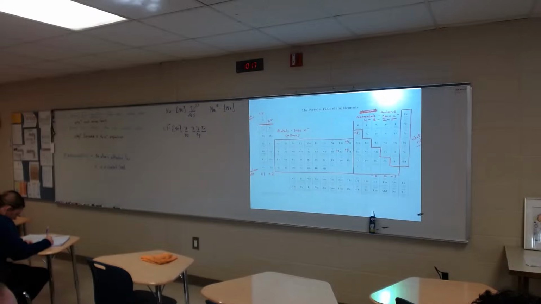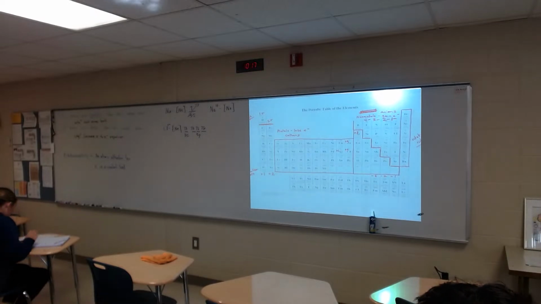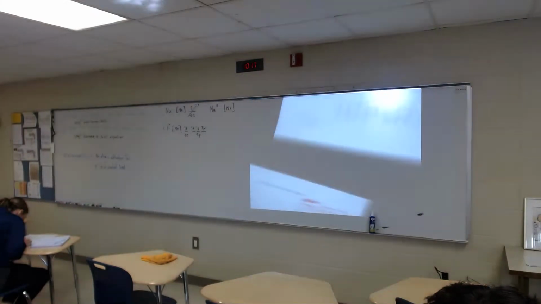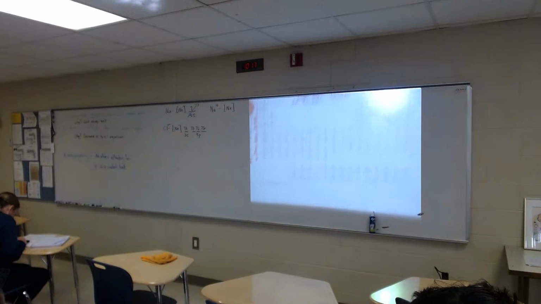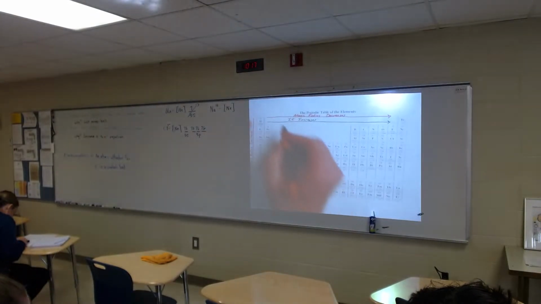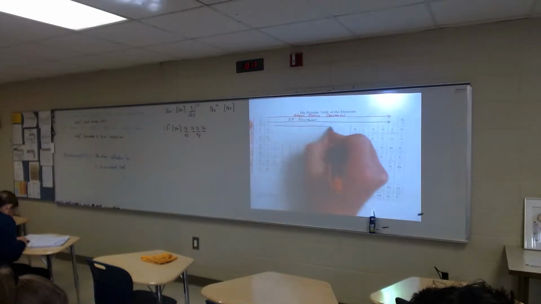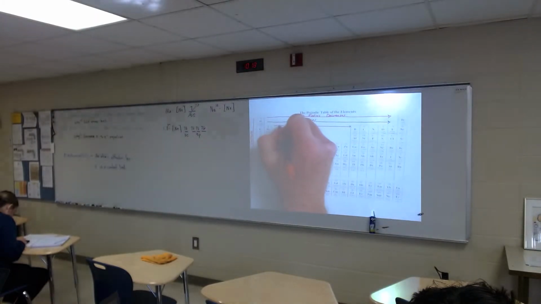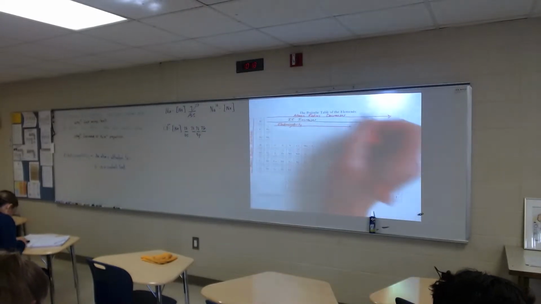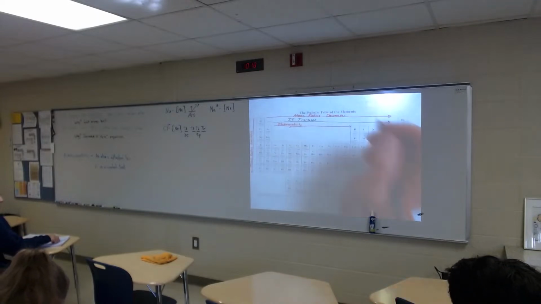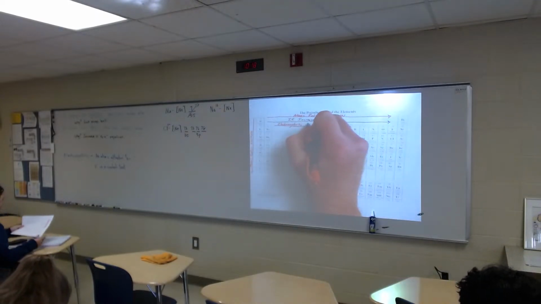All right, so there's a trend on the periodic table. Going across the period, electronegativity, all 17 letters, which I'm still kind of impressed by, increases.